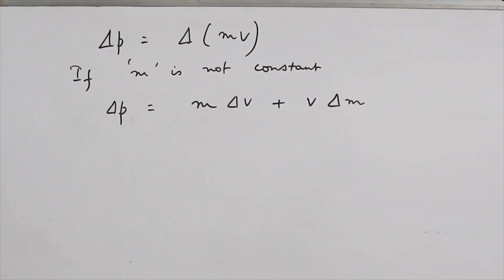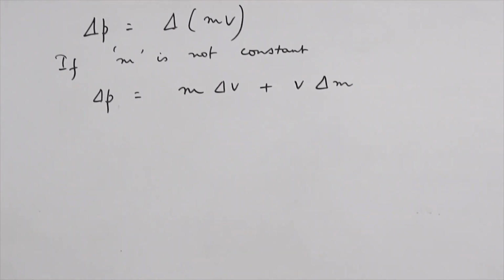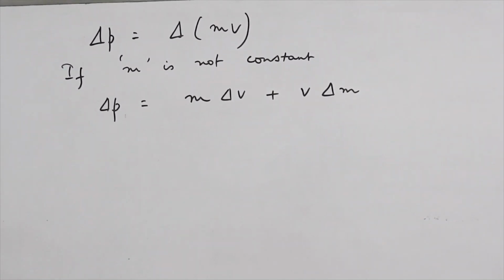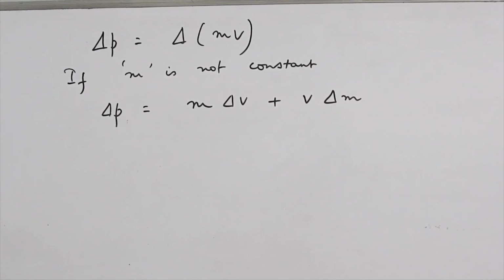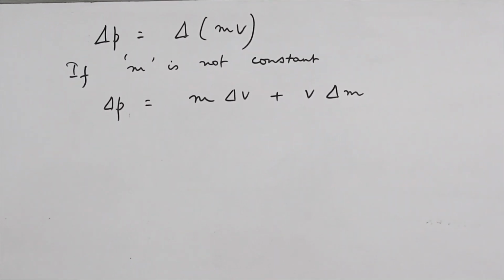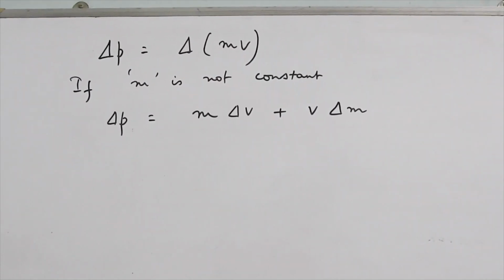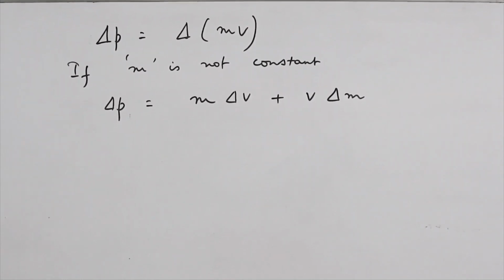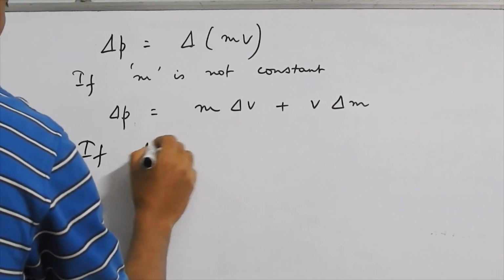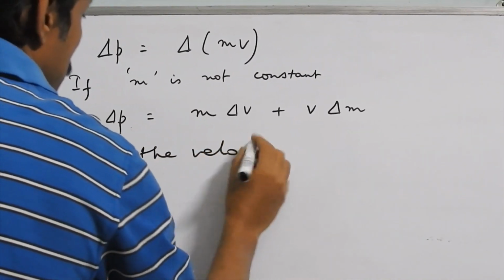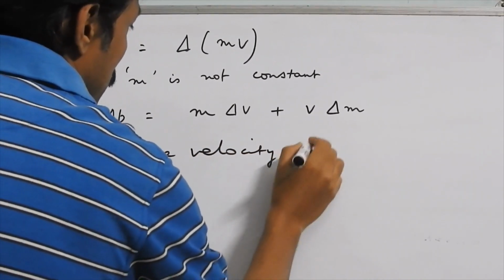Apart from those examples, in the case of atomic particles which are moving with a very high velocity, not only atomic particles, but if any particle is moving with a very high velocity, a velocity that is comparable to the velocity of light.